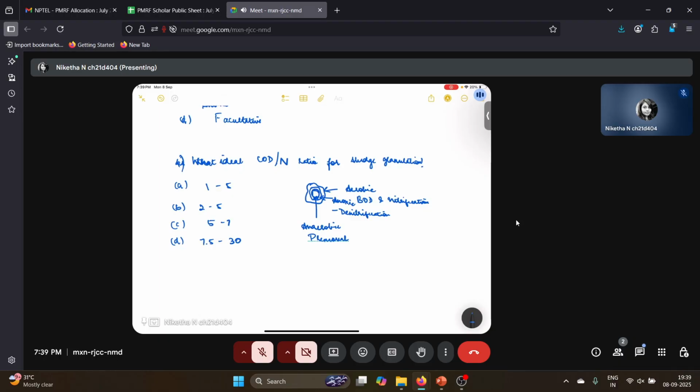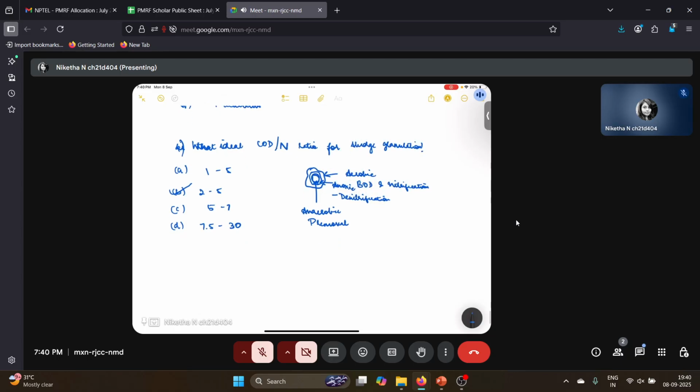So that is sludge granulation. So the question is, what is the ideal COD to nitrogen ratio for sludge granulation? The correct answer is 2 to 5. This ensures that there is less growth of heterotrophic bacteria.